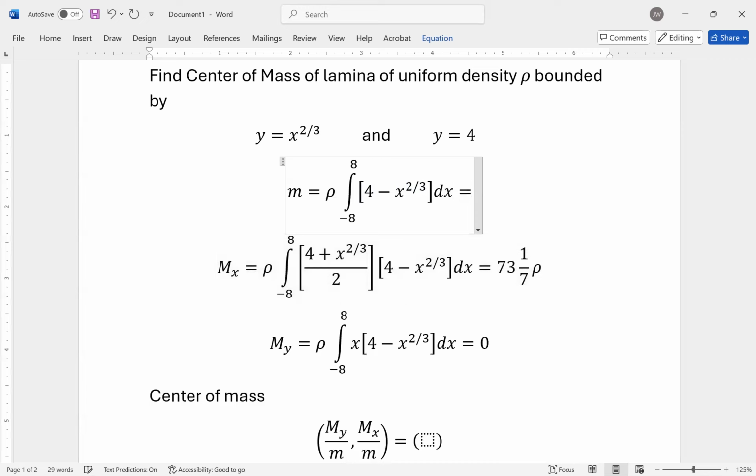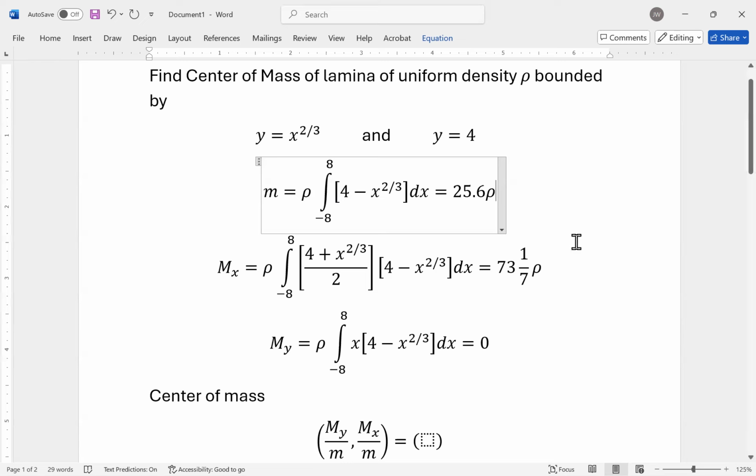So that numerical process is fairly difficult on the calculator. We get 25.6 rho. Now, if we were to do it by hand, it would be exactly 25.6 times rho. On the calculator, it might give you just a little bit different. My calculator said that was 25.5 and then lots of 9s and then 7/7. Again, that's the numerical approximation issue on your calculator.